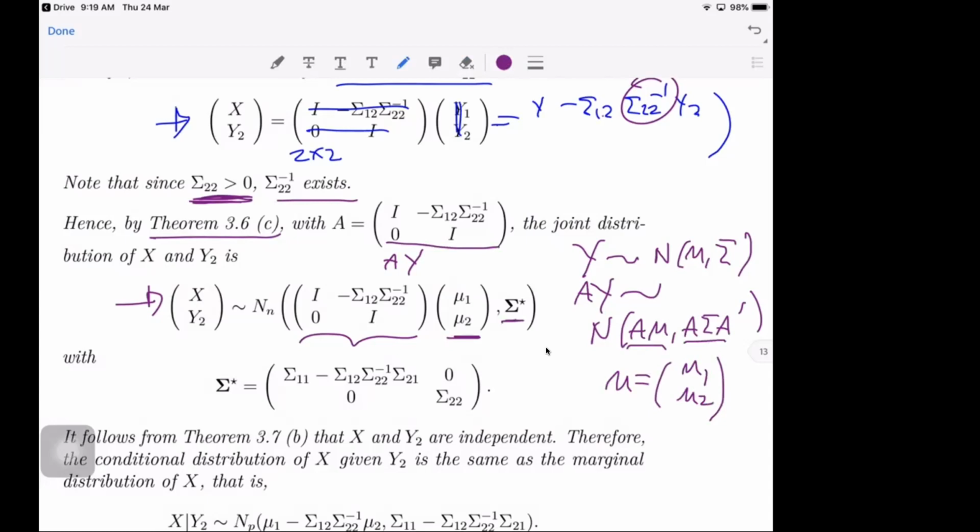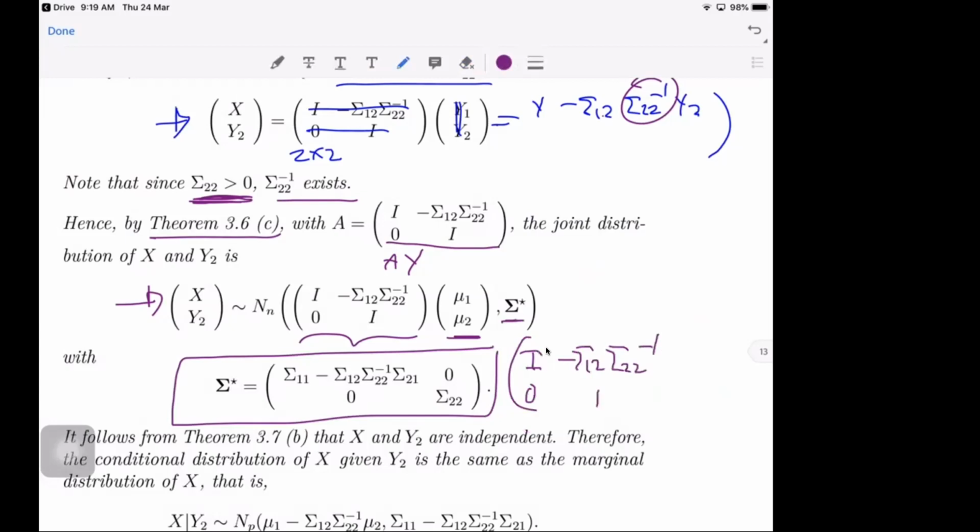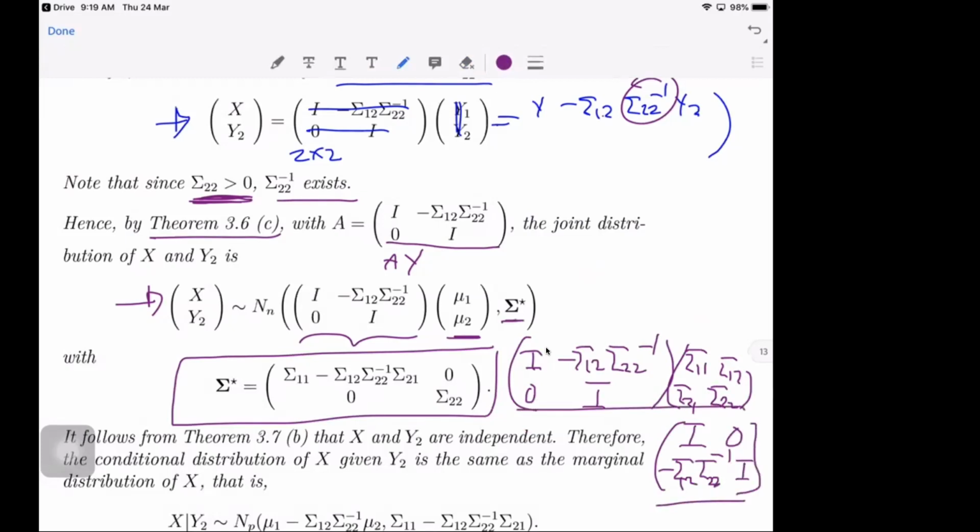So if you multiply I, 0, minus sigma 12 sigma 22 inverse, I, and then sigma 11, sigma 12, sigma 21, sigma 22 here, and then the transpose of A, which is I, 0, minus sigma 12 sigma 22 inverse, I, if you multiply this, you will get this.